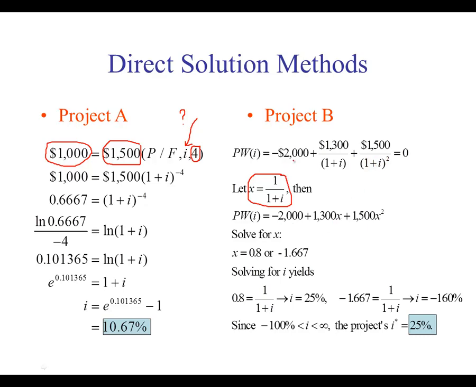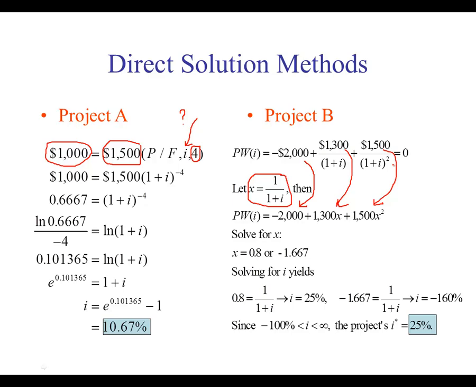And that's how we got these values. The 2000 did not change. This value became 1300 X, and this one became 1500 X squared. And that should equal 0, and that's the net cash flow or net present worth for the cash flow.